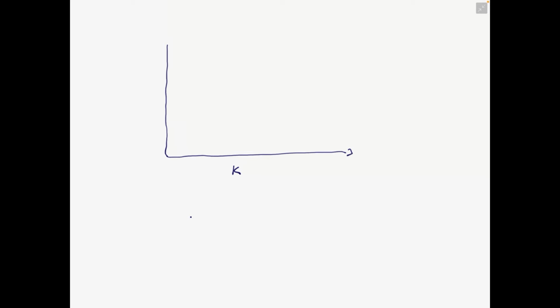So if you increase k, you begin to get a diagram like this, and at a certain k, so let's say this is k1, k2, k3, it will bifurcate.